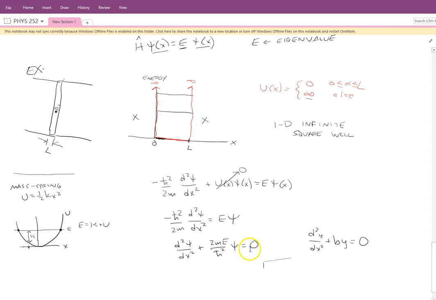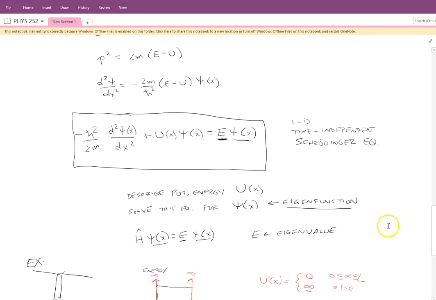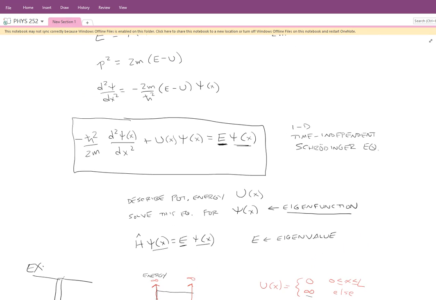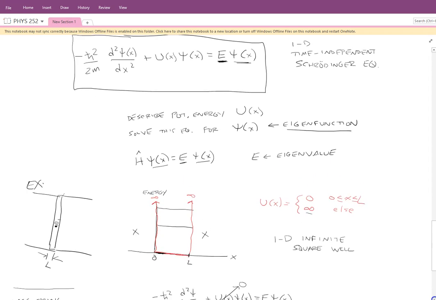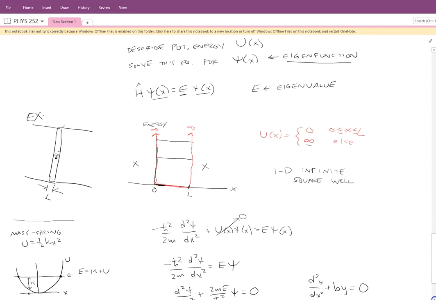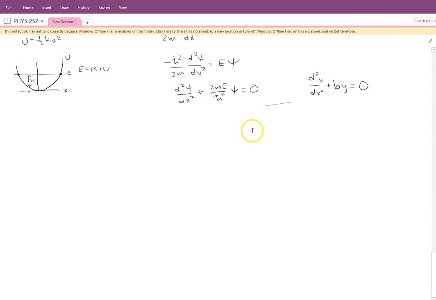So this is going to be solved by either a sine or a cosine. And you might recall, from differential equations, that this is a second order differential equation and involves a second derivative. So we're actually guaranteed two unique solutions. The two solutions, one's going to be a sine and the other is going to be a cosine.